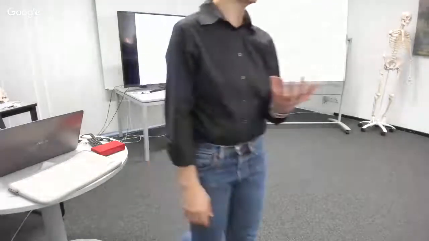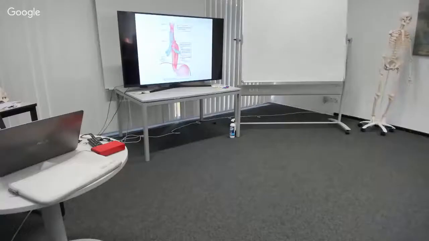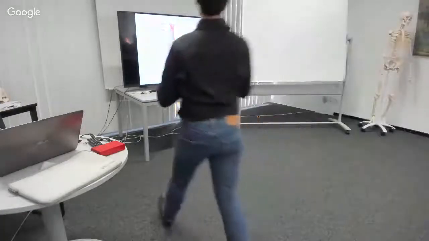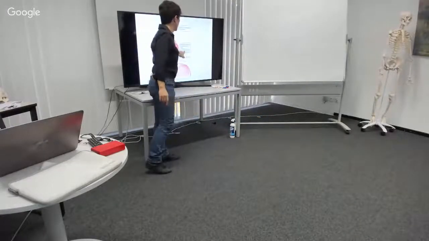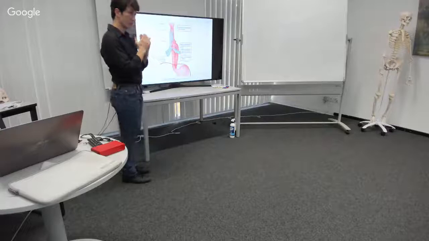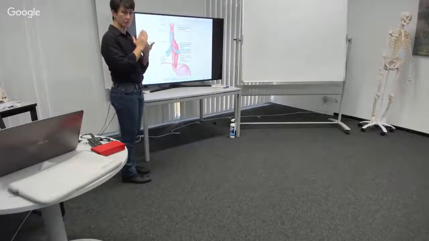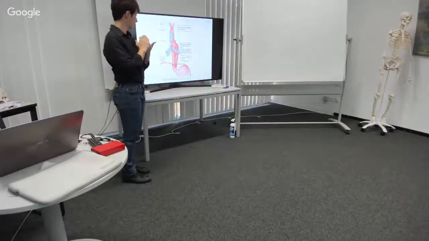You remember that the arch of the aorta just passes over the left main bronchus. And in this way, the esophagus is both in relation with the left main bronchus and the arch of the aorta. And these two organs are compressing the esophagus, thus causing a second restriction. Okay?